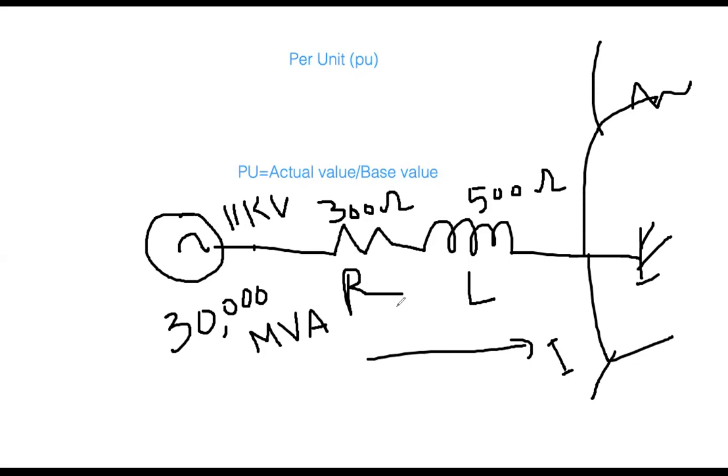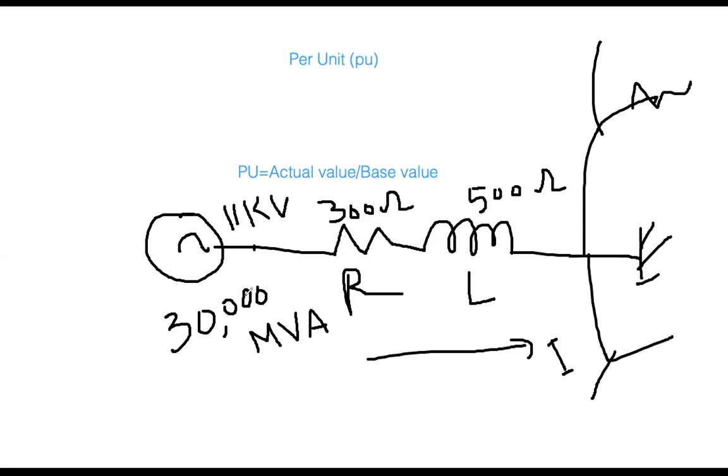That's why, in order to avoid those huge numbers, the per unit system has been established. So what is the definition? Actual value to the base value. For every system, typically the MVA and the voltage ratings, their base ratings, are defined.